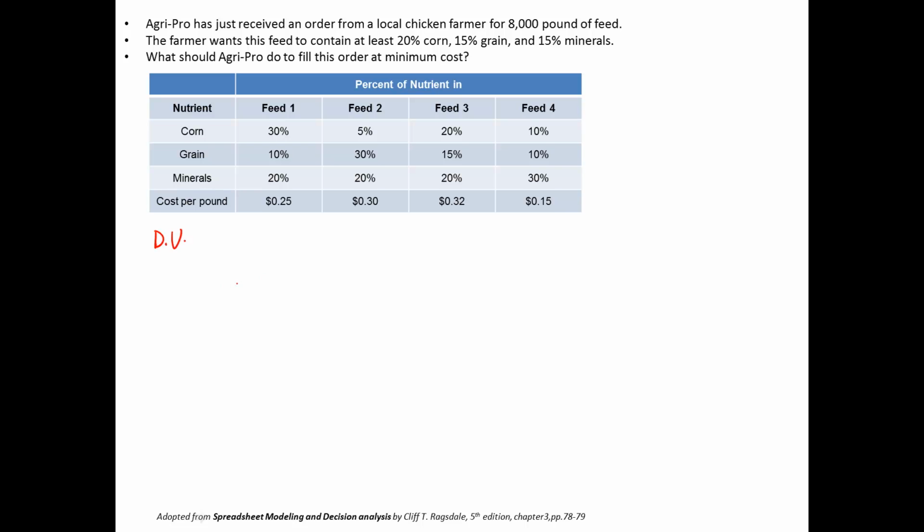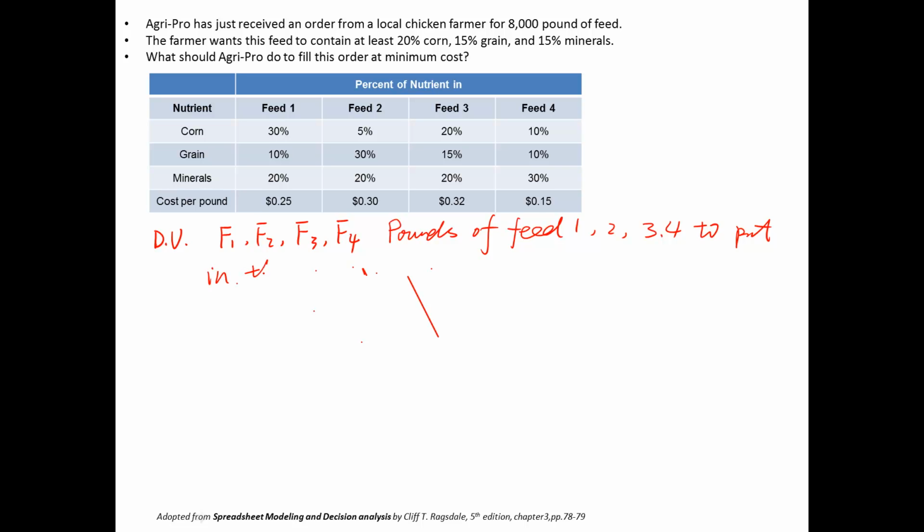As we just said, the decision variables will be, I'll just use F1, F2, F3, and F4 to represent pounds of feed 1, 2, 3, 4 to put in the mix.